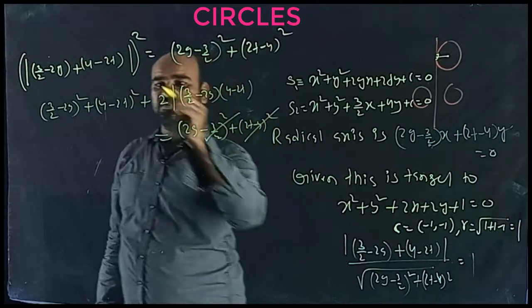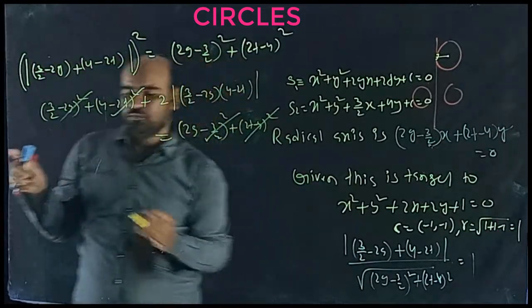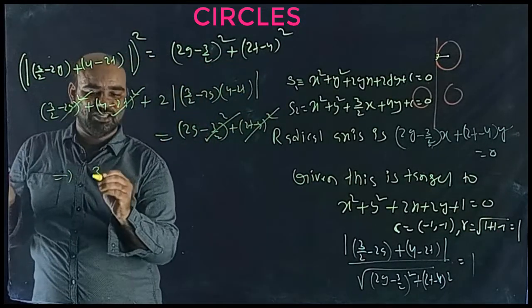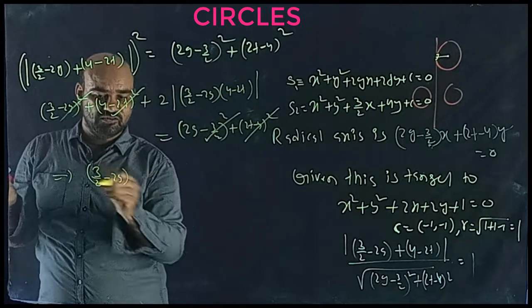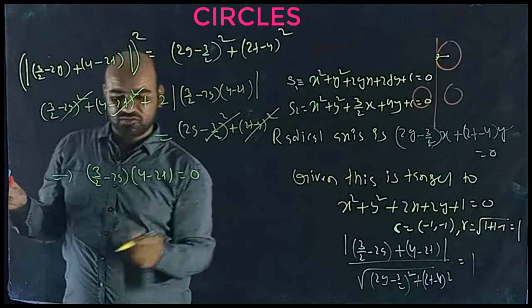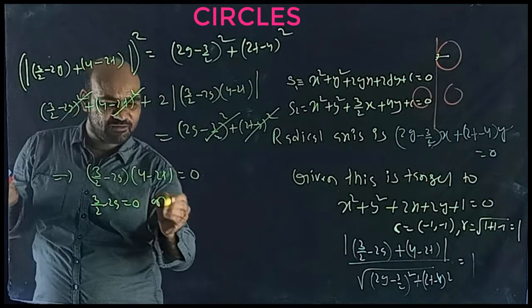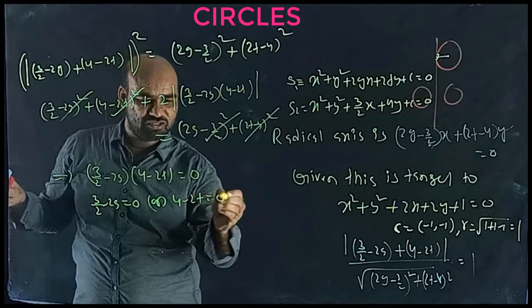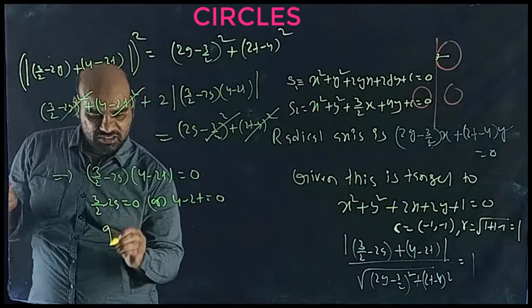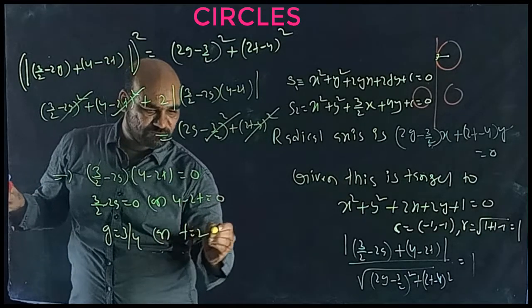I mean this gets cancelled. So what is the meaning of this? This should be 0. That is (3 by 2 minus 2g) into (4 minus 2f) equal to 0. Means 3 by 2 minus 2g equal to 0 or 4 minus 2f equal to 0. So directly g is equal to 3 by 4 or f equal to 2.